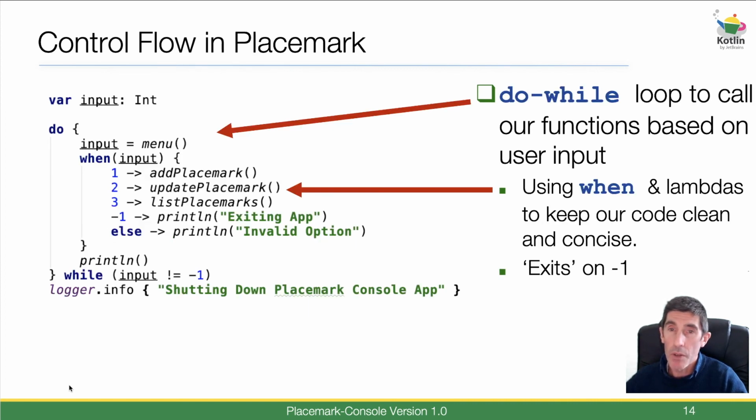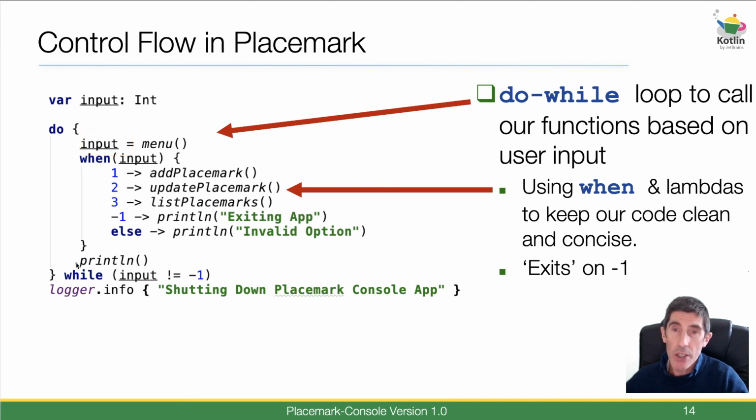In terms of our do while, where our menu gets called, we have our var input here, which is relative to just our do while, so we're using it in here, and we're calling our menu. Once the menu gets displayed, once the user enters an option, valid or otherwise, that will be returned and stored in our input variable.